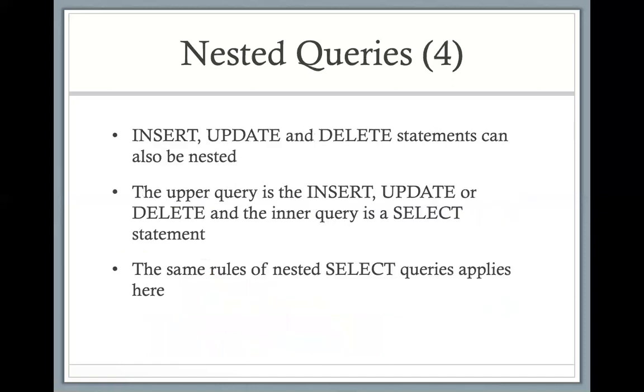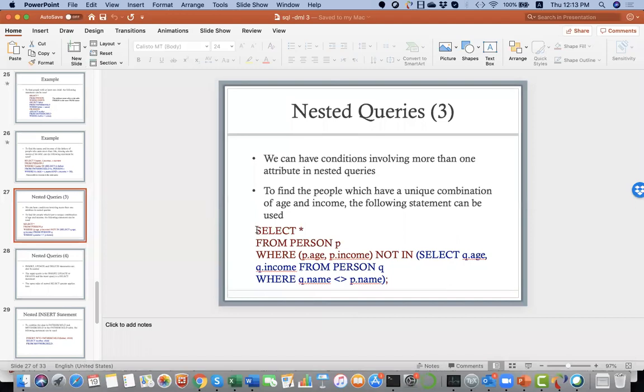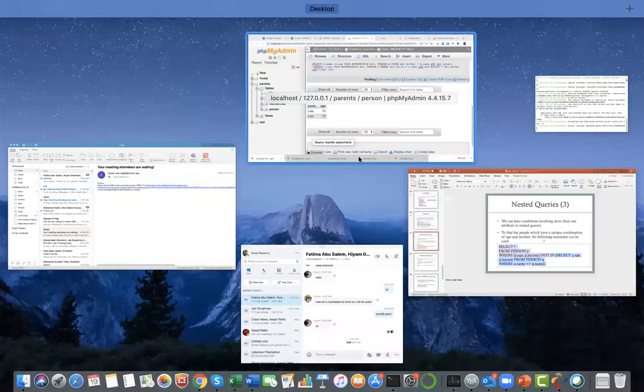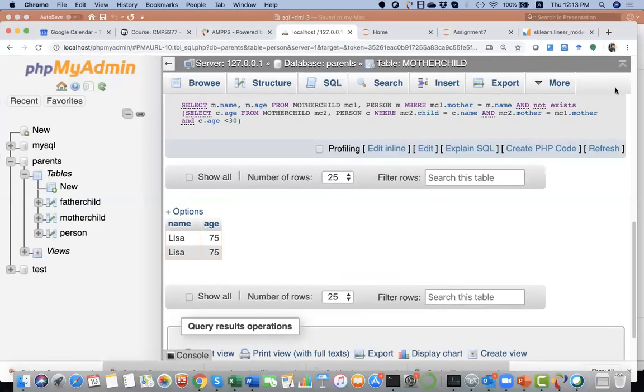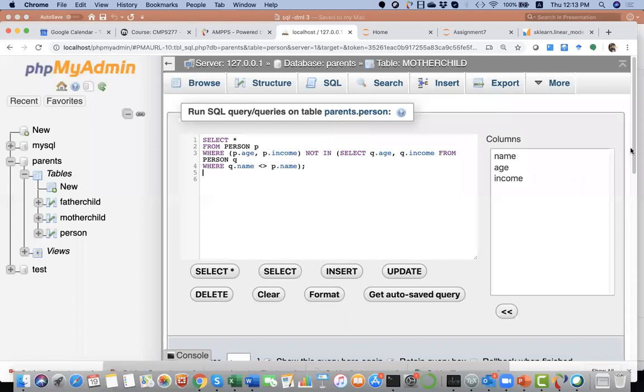Okay, let's run it just to see what we get and we'll be done for today. Okay, then go.